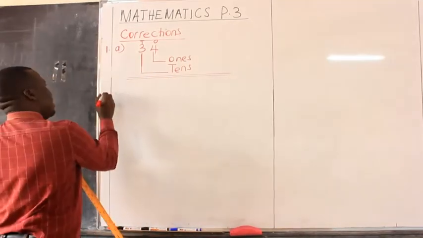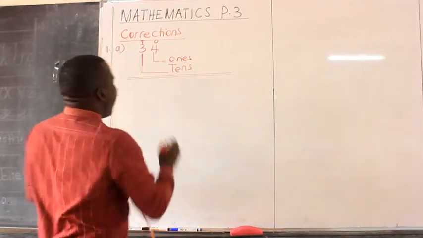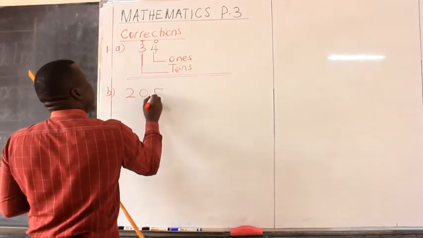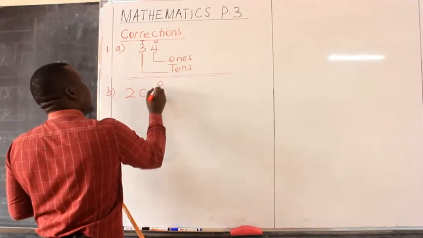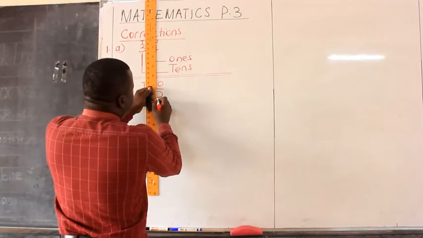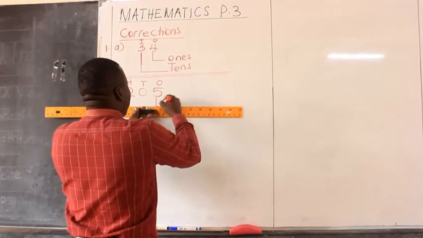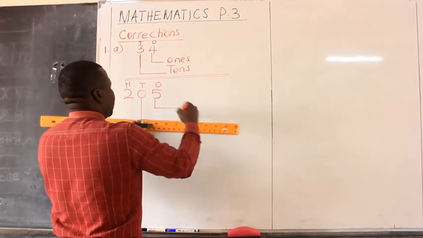Part B, it was 205. What is the place value of each digit? Ones, tens, hundreds. So you are going to write the place values of each digit.